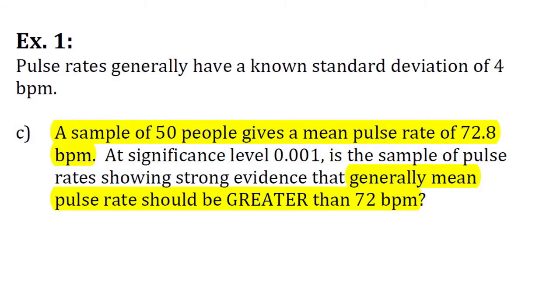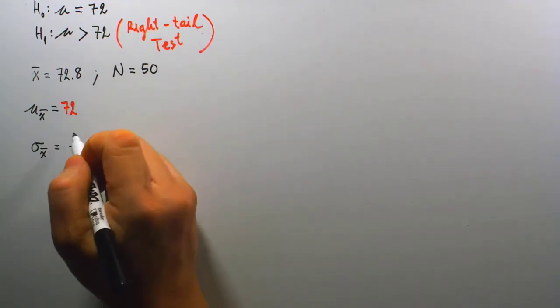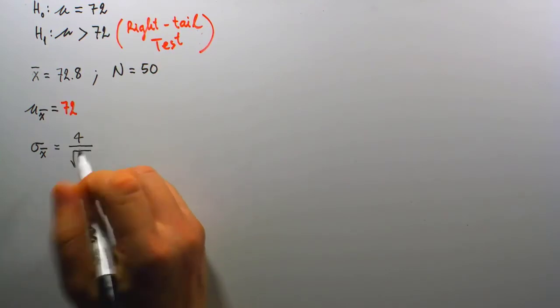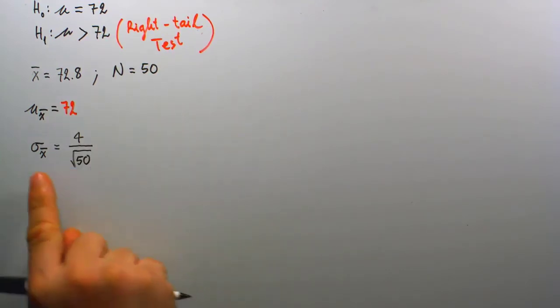We already had a known standard deviation of 4 BPM. Once we have that known standard deviation given, we divide it by the square root of our sample size, and in that way it gives us the value of the standard deviation, the sigma x bar value.